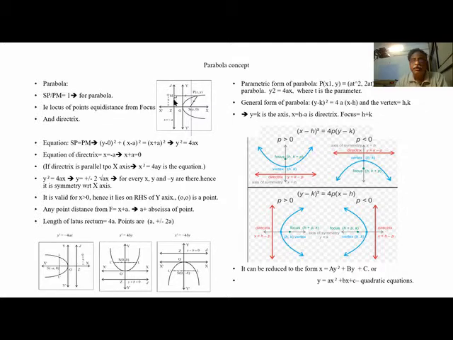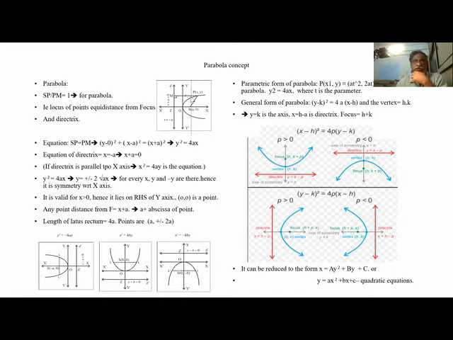So y is plus or minus 2a, because y square is 4ax, x is a, so it becomes 4a square. 4a square means y is plus or minus 2a.